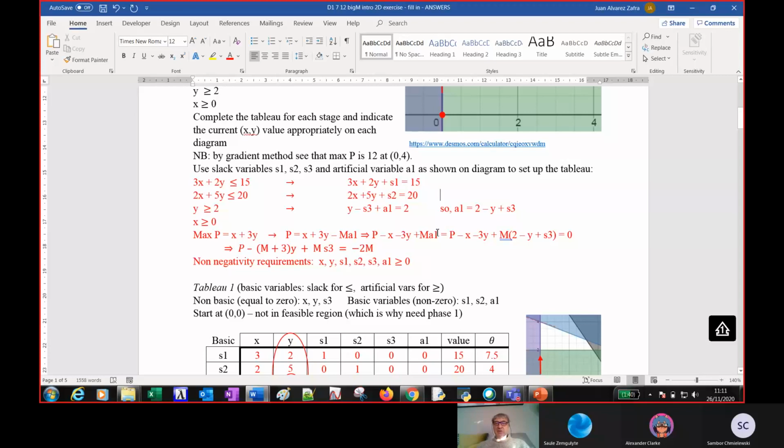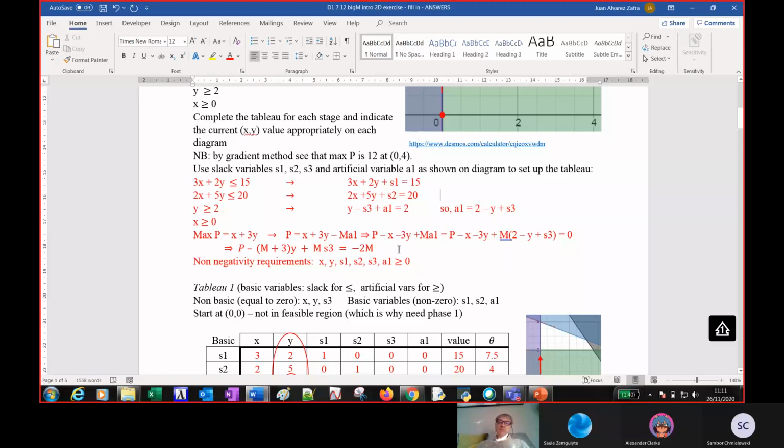And if we now replace a1 by 2 minus y plus s3, we're going to get p minus x minus 3y plus M times (2 minus y plus s3) equals 0.